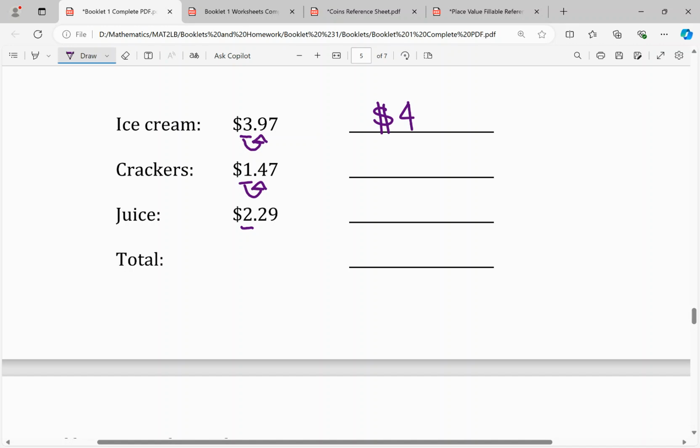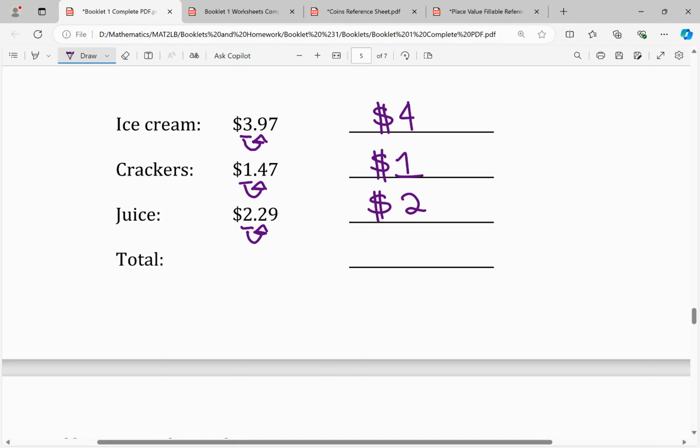Rounding the crackers, the 4 tells the 1 to round down, so the 1 stays the same, making the crackers about $1. Juice, the second 2 tells the first 2 to round down, making the juice about $2.